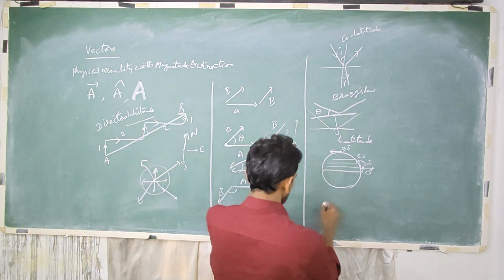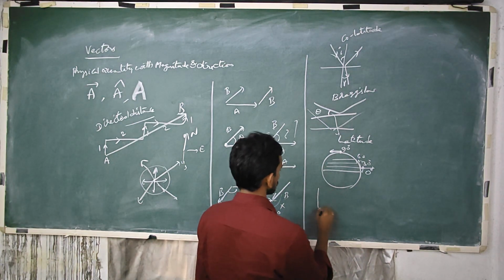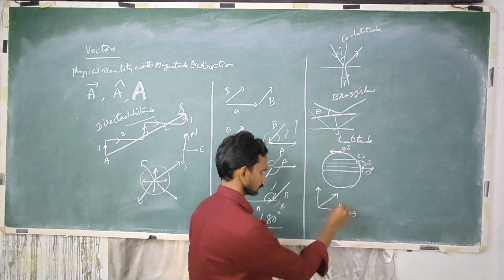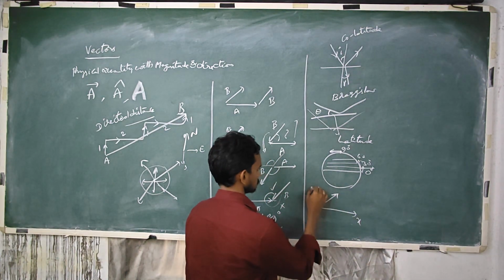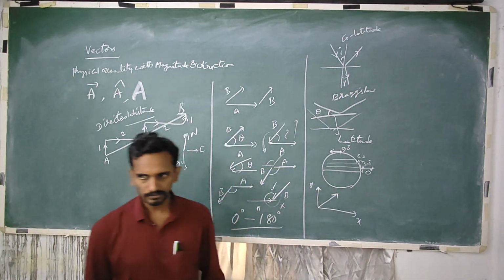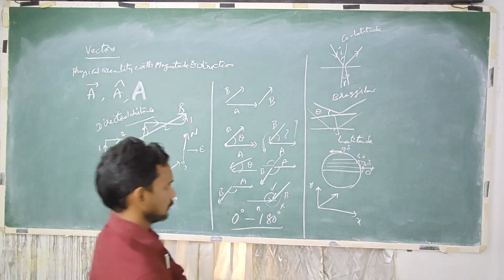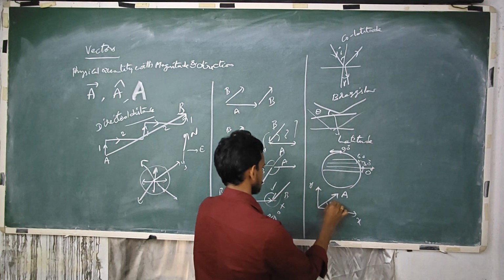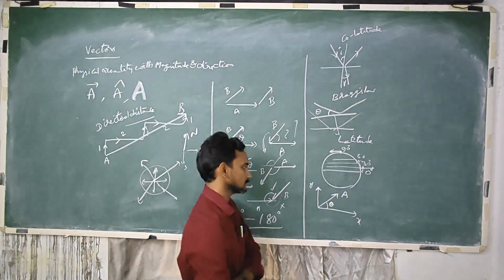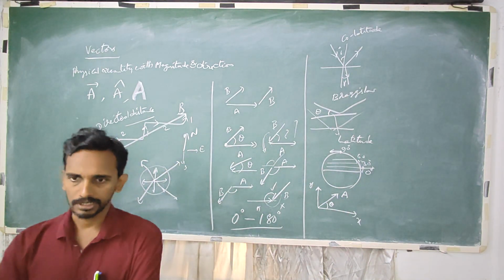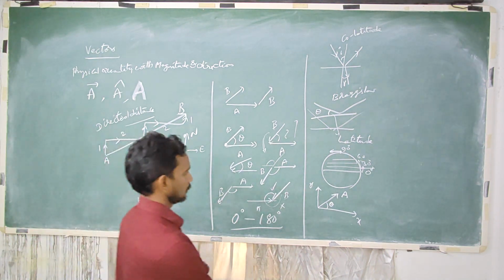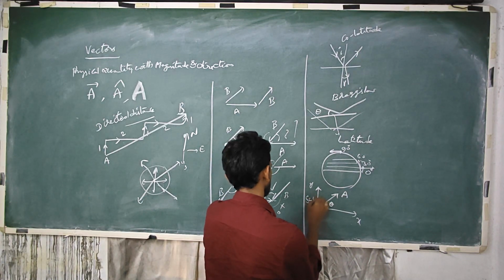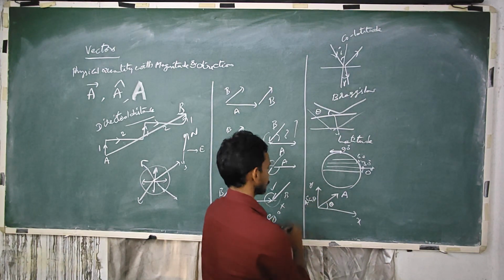Right? Next one that we come across is components of a vector. Let's say you are given a vector like this, and this is your x direction and y direction. Then let's say this is the angle made with x-axis. Angle made by the vector with x-axis is theta. Then the perpendicular component is given by A sine theta.